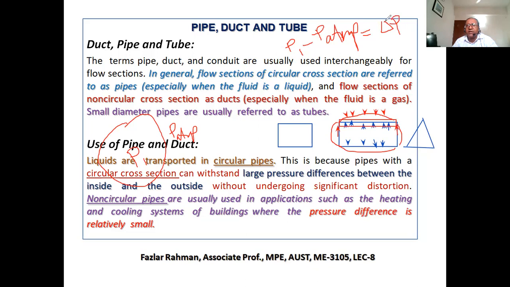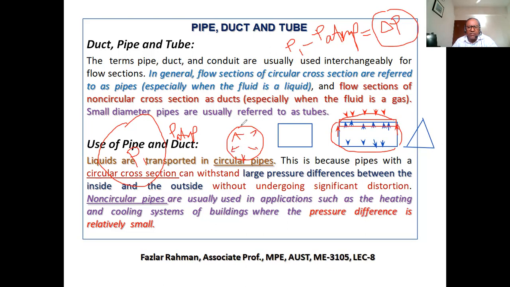If this delta P is very high, then obviously you have to use a circular cross section. It doesn't matter whether it is carrying liquid or gas, because circular cross section deformation is normally not that much. Even if it has deformation, it will deform uniformly. Say outside and inside they have a pressure, so it will go a little bit bigger.